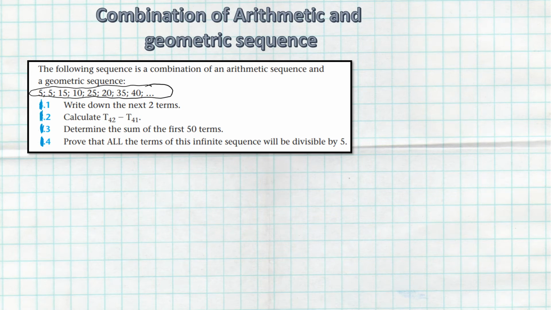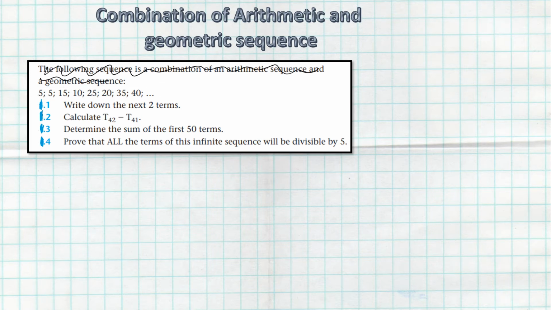They just say given the sequence 5, 5, 15, 10, 25, 20, 35, 40, determine, and then they ask these sort of questions. So let's assume they didn't give you this statement, and they just give you this sequence and want the next two terms.